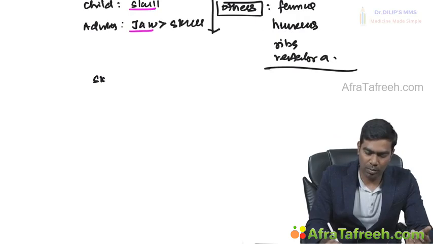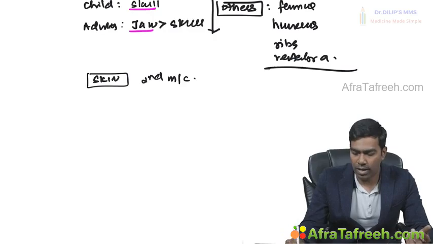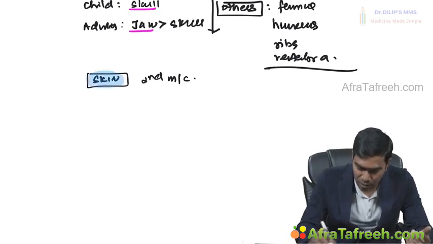And next organ to be involved is the skin. Skin is supposed to be the second most common organ to be involved, and this is very, very important from the children, infant perspective, because children cannot complain of bone lesions even if there is local pain and tenderness. Most of the time, the skin lesions are the ones that bring the child to the pediatrician or to the pediatric dermatologist in the beginning.